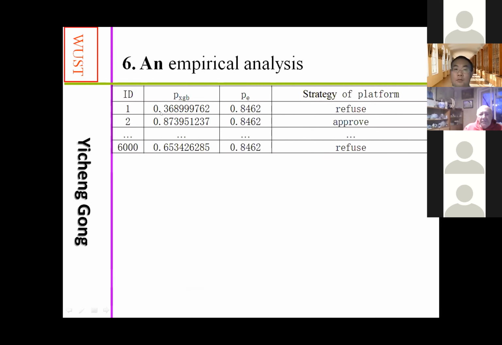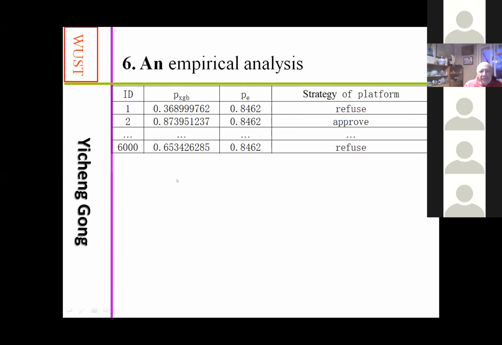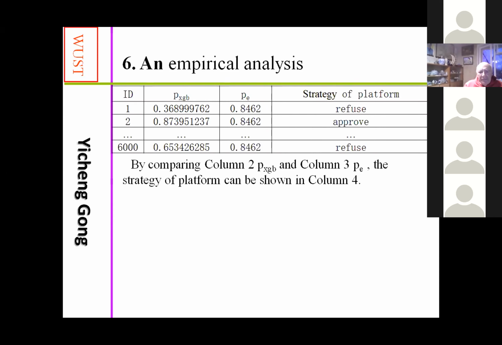If PXGBoost is less than PE, we suggest the platform review the application. And if PXGBoost is greater than PE, we suggest the platform approve. By comparing column 2 and column 3, we can choose a strategy.